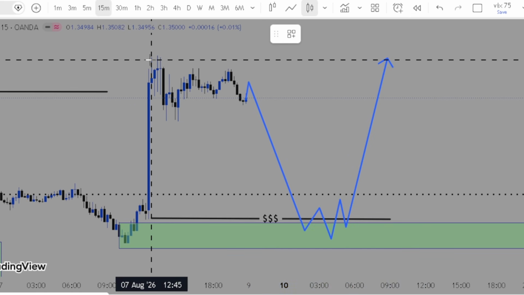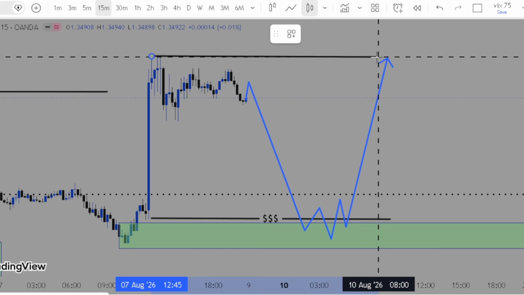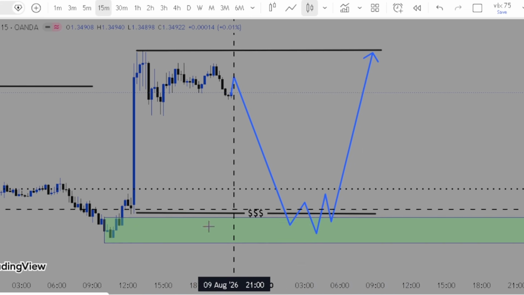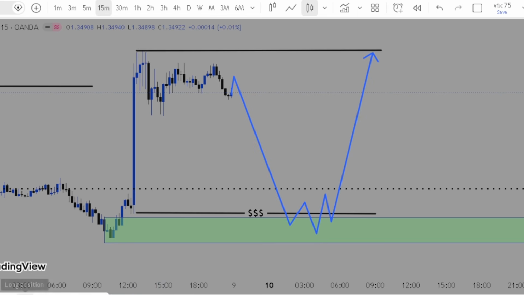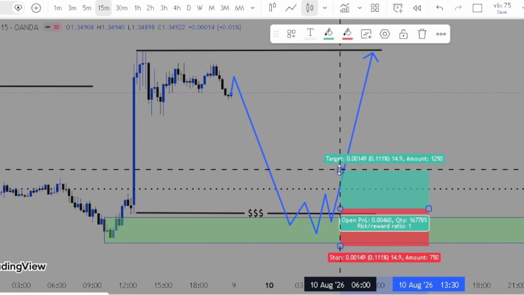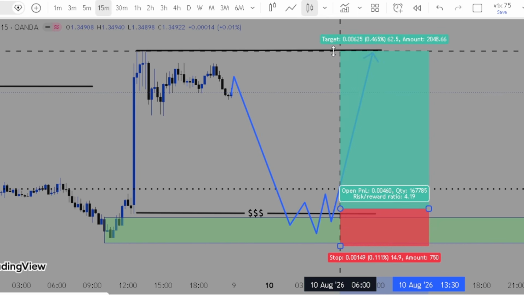I'll be targeting this buy side liquidity. So I'm very much bullish on the pound come next week if I get a confirmation in that zone, and I'll be targeting that high.